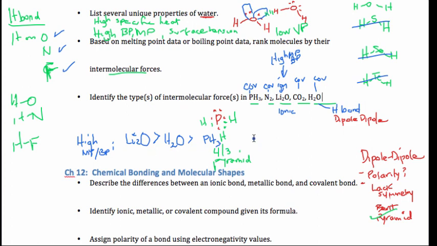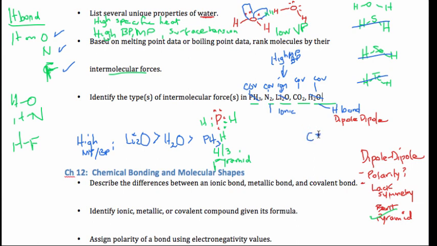Okay, N2 is not going to lack symmetry because it's identical. It's 2 nitrogens. They're actually triple bonded with each other. That has no polarity. And then we've already used this guy. We've used this guy. We've used this one. CO2 is a little bit tricky because we see it as polar bonds.